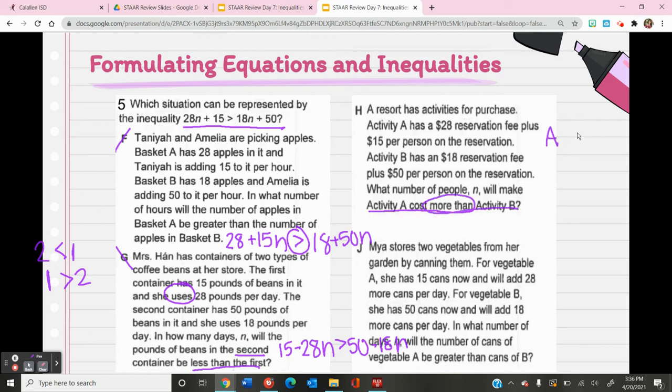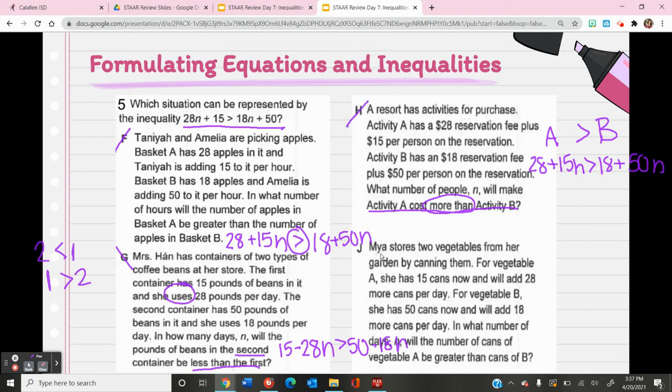So here I have activity A greater than activity B. So for activity A, they charge a $28 reservation fee plus $15 per person, so plus 15N. And this is greater than company B, which has an $18 reservation fee plus $50 per person, so plus 50N. Now looking back over here at our statement, it does not match, so H cannot be your answer.